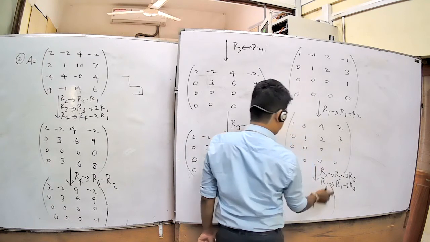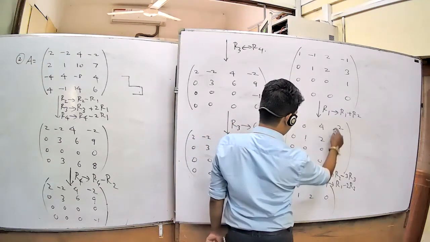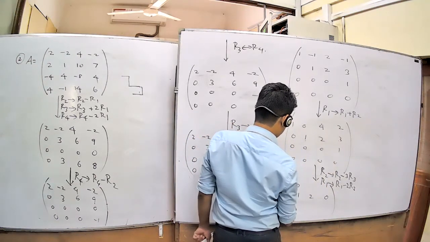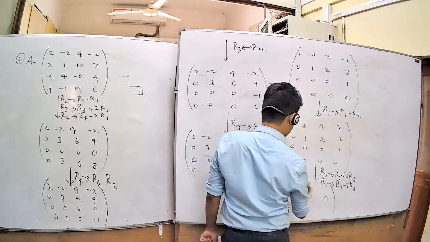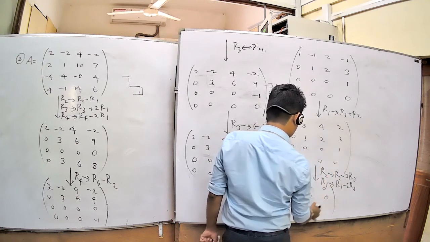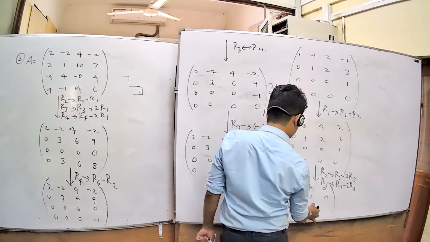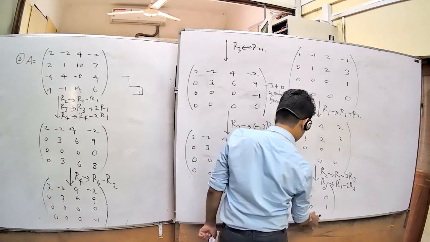Second thing you want to do, R1 replaced by R1 minus 2R3. Here minus 2 plus 2, 0, does not change. 0, sorry, here 0, 0, 4. Here 4. Here minus 2 plus 2, 0. Here 0. Here 0, 1, 0, 0, 0, 0.